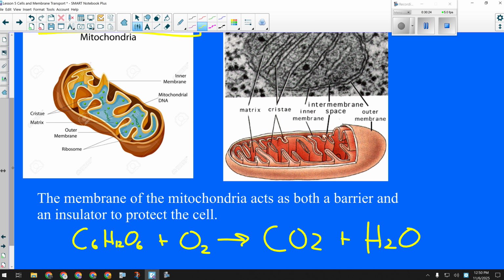Another weird thing about the mitochondria, you can see it on this diagram here. Mitochondrial DNA is labeled. Mitochondria have their own DNA. Mitochondrial DNA exclusively comes from your mother. Okay? Why?